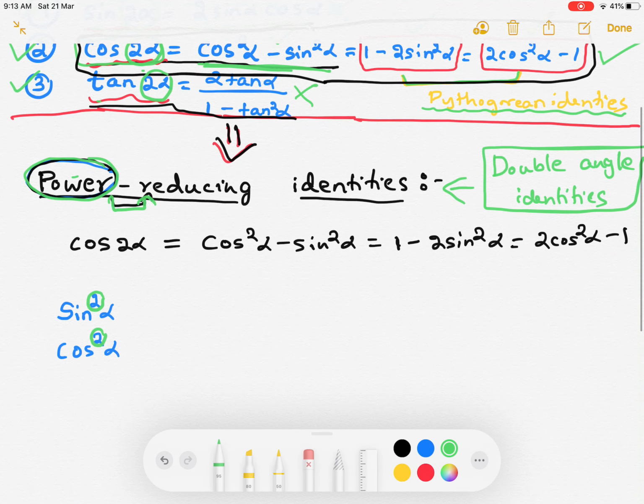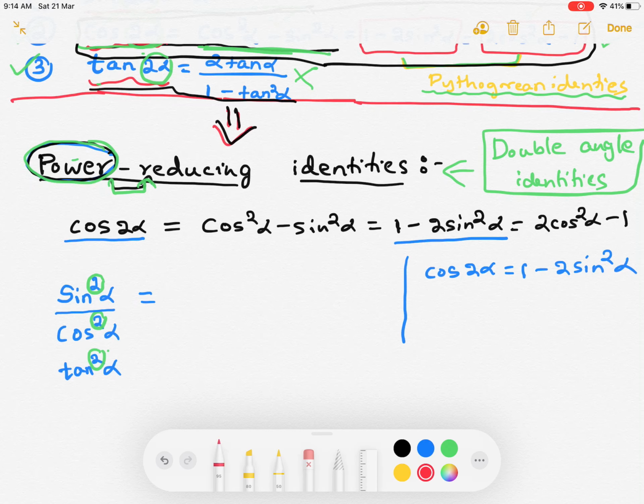Now for the sine square alpha, we are taking cosine 2 alpha equal to 1 minus 2 sine square alpha. What we want? We want sine square alpha. So first we take 1 to the other side. Cosine 2 alpha minus 1 is equal to minus 2 sine square alpha.